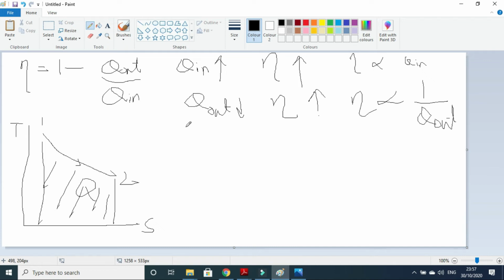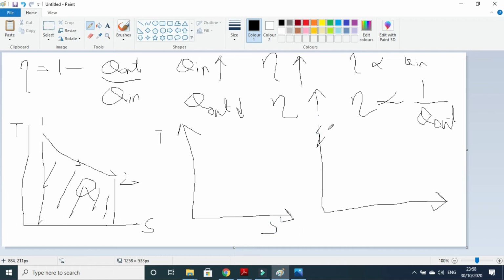So if you have, let's suppose, two graphs, two processes, TS. Okay, so one is this process curve 1 to 2, and one has this process curve 1, 2.